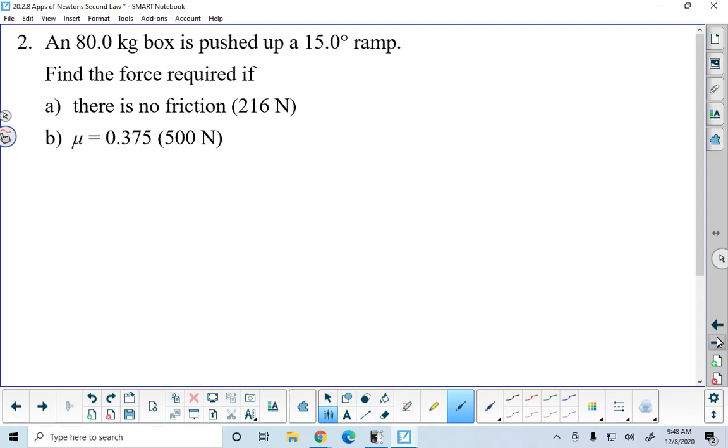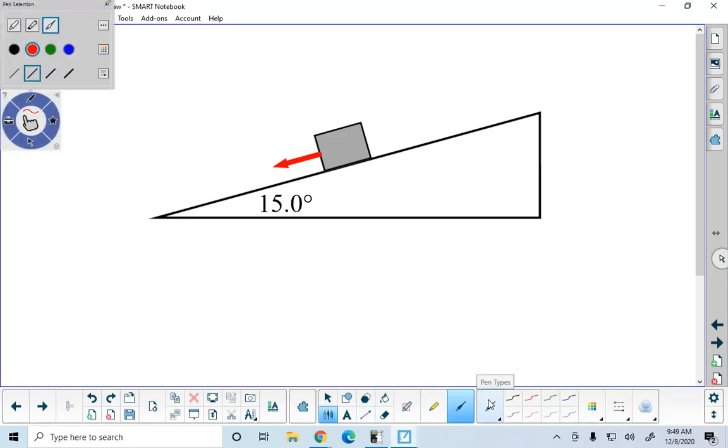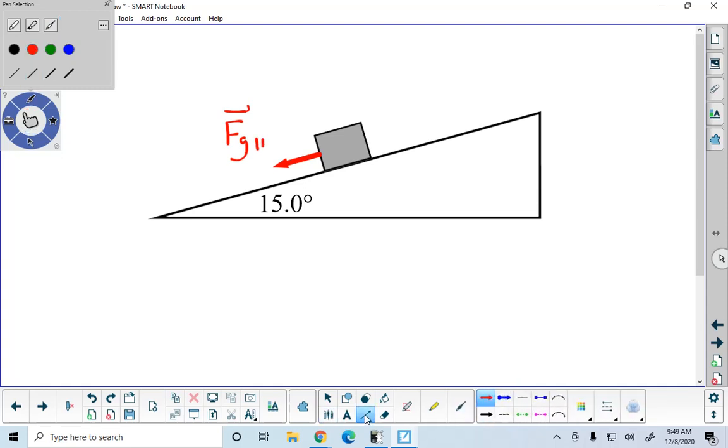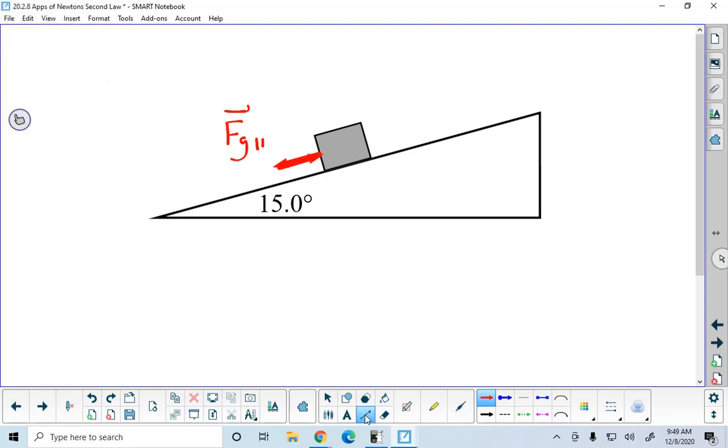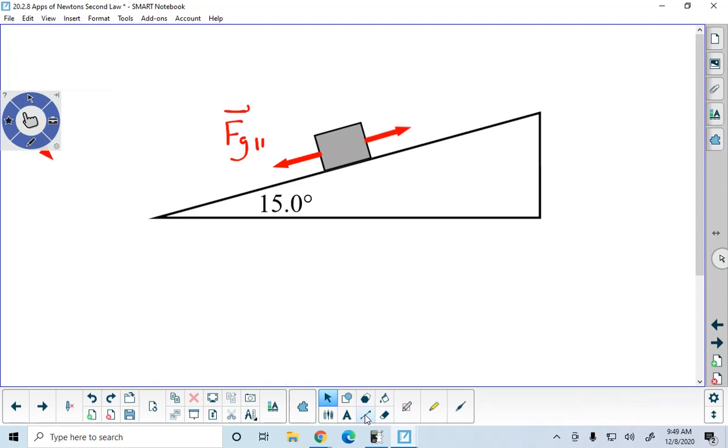If you have an 80 kilogram box along an incline and you want to move it up the ramp, if there's no friction, then it will slide down the ramp because there is a parallel component of gravity. If you want to push it up the ramp, then you have to apply, this is an applied force now, a force upwards that's at least as big as the parallel component of gravity.